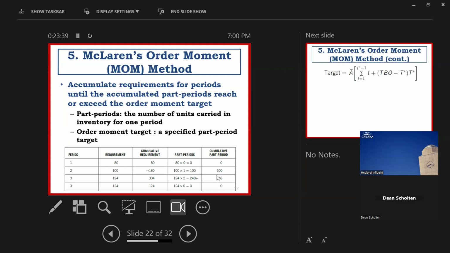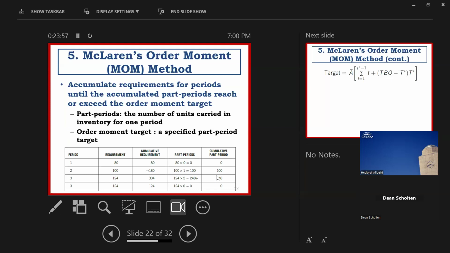That's why we stop at the level before. What does that mean? We go with this one. That means at period 1, we're going to order 180, which is enough for period 1 and period 2.